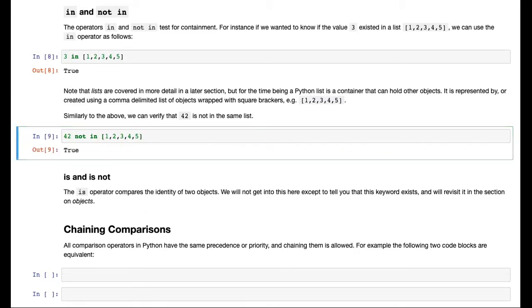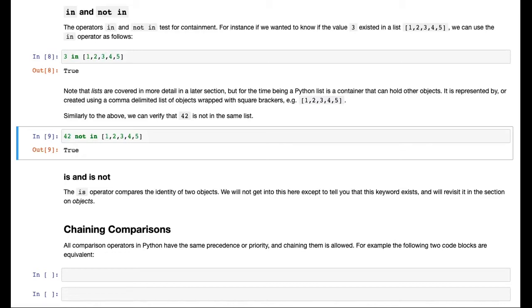The other operator that I want to introduce is the is operator, which compares the identity of two objects, meaning it checks whether or not two objects are the same object in memory. In Python, it's possible for two or more objects to have the same value, but be different objects.